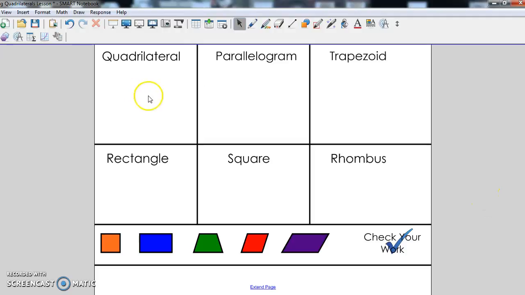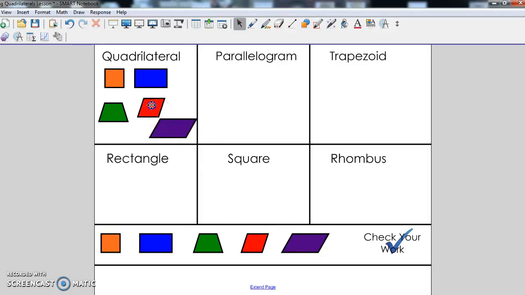Okay, so a quadrilateral is any four-sided shape. So basically all the shapes down here will go into this box. A quadrilateral has no special definition other than it has four sides, is a closed shape, and the angles add up to 360. Now parallelogram, remember we have this.